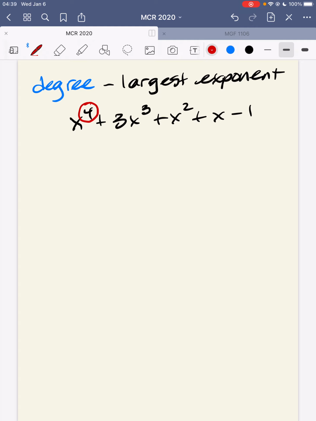So if I were to ask you for the degree of this polynomial, this would be 4. If I were to ask you what type of polynomial this is, this one has more than 3 terms, so this would just be a polynomial. You wouldn't give it a special name. So if I say, what's the degree and type of this polynomial? It would be a degree of 4, and it would just be called a polynomial.